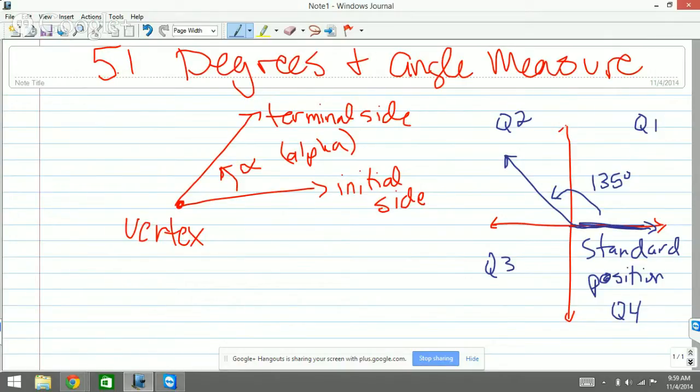Is the initial side on the x-axis? It's on the x-axis. Positive angles go counterclockwise, just like the quadrants.